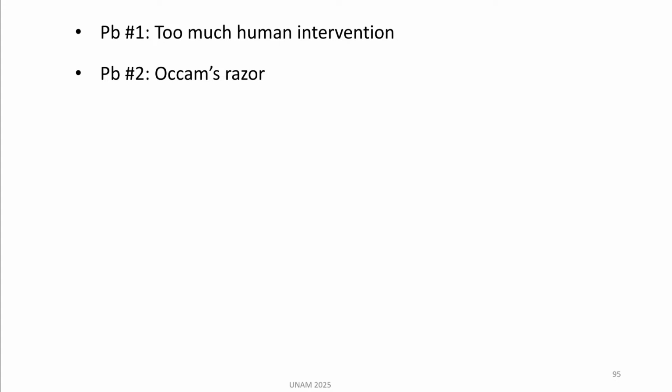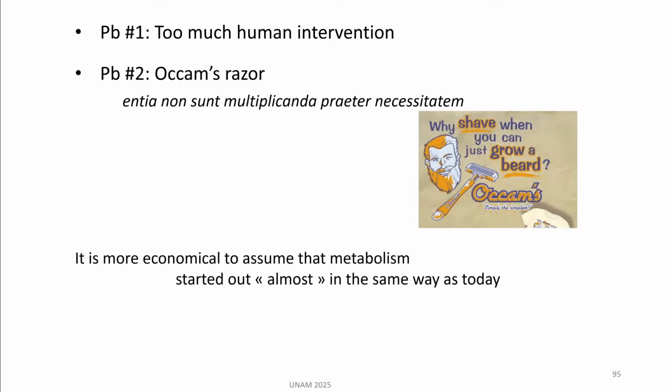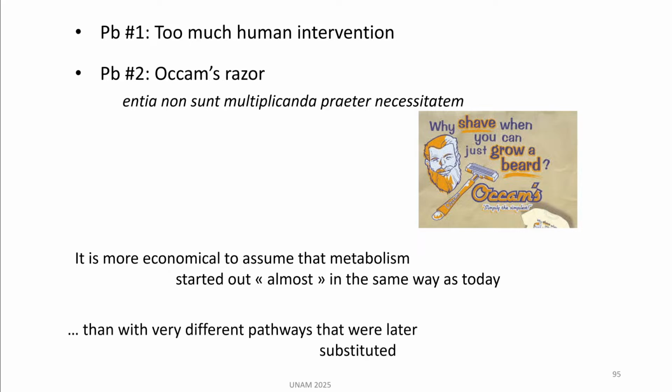And that means, as applied to the problem at hand, that if we have a given complicated network of reactions that produces a nucleotide in today's biochemistry, it's more economical to say that it's an adaptation of something that was already similar than to say that we started from a very different network of reactions, and then at some time life had to invent another completely different way of making the same thing.